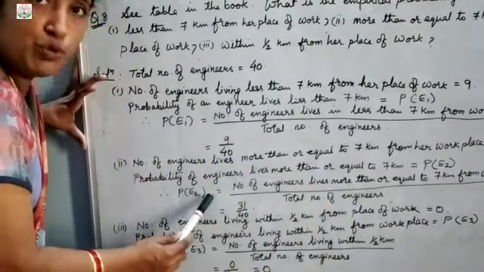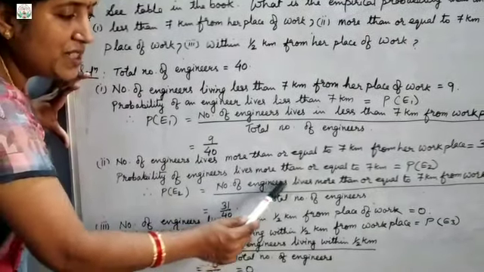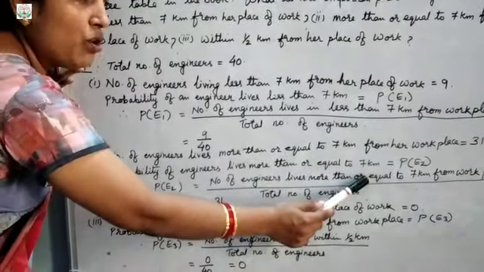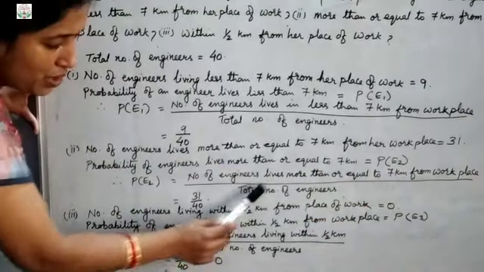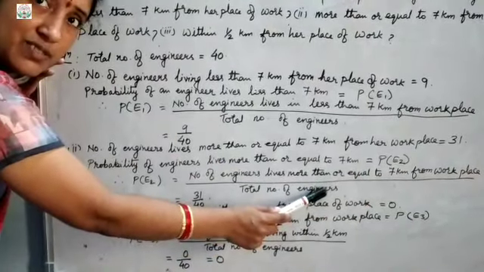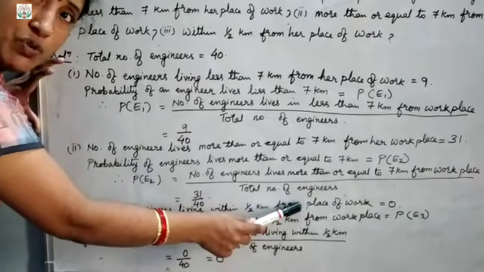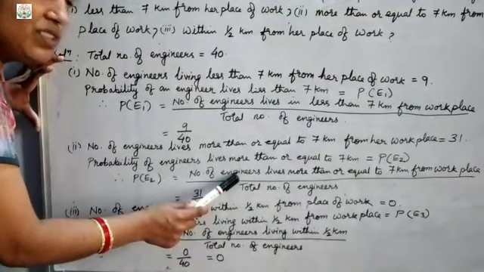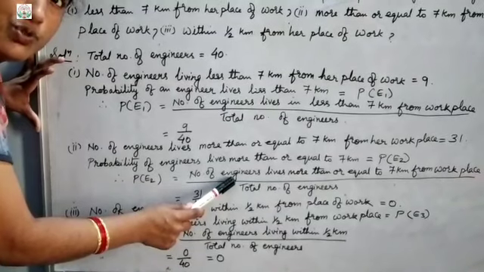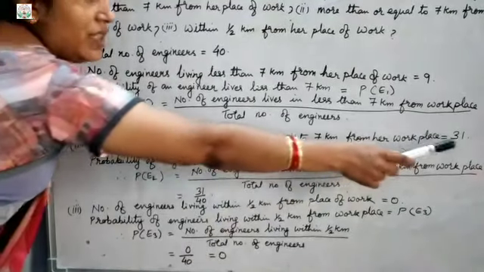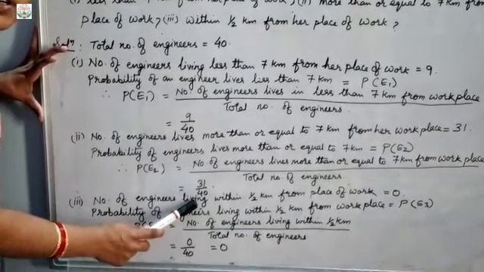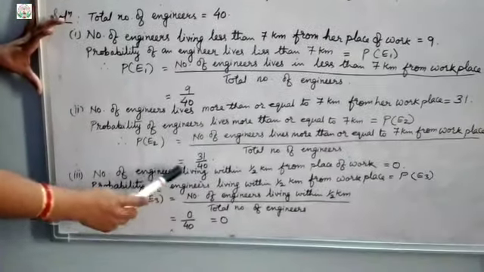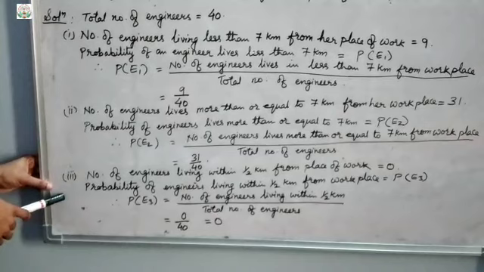Therefore P of E2 equals the number of engineers living more than or equal to 7 kilometers from the workplace upon the total number of engineers. The total number of engineers we know is 40. And how many engineers are staying more than or equal to 7 kilometers? That is 31. So the probability will be 31 upon 40. Understood, children? Now come to the third part of the same question.